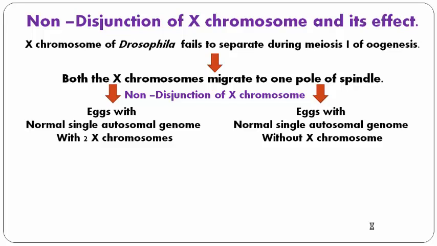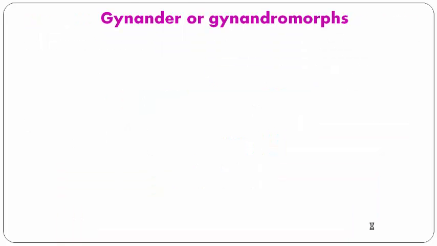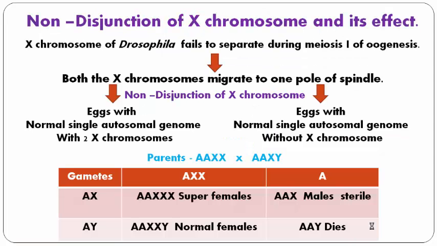The result of fertilization will produce normal females, males normal in appearance but sterile, and super females which will be sterile and somewhat underdeveloped in their sexual characters.